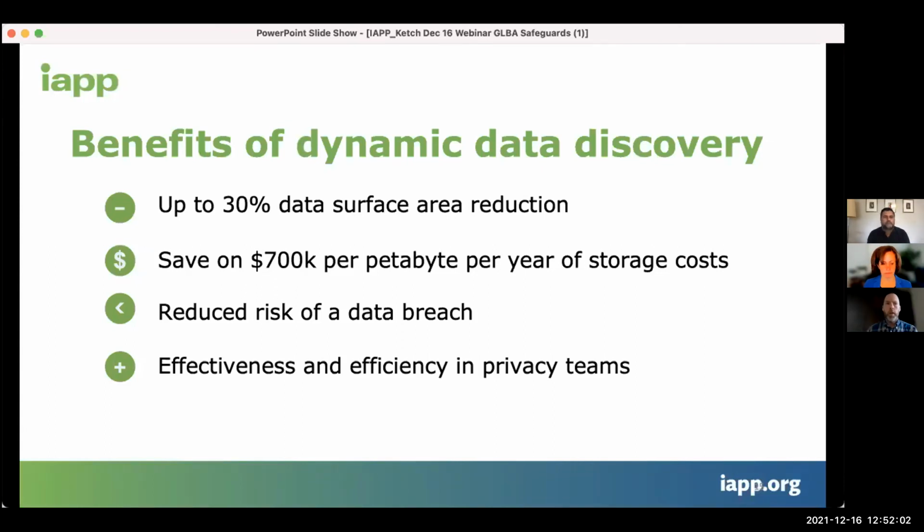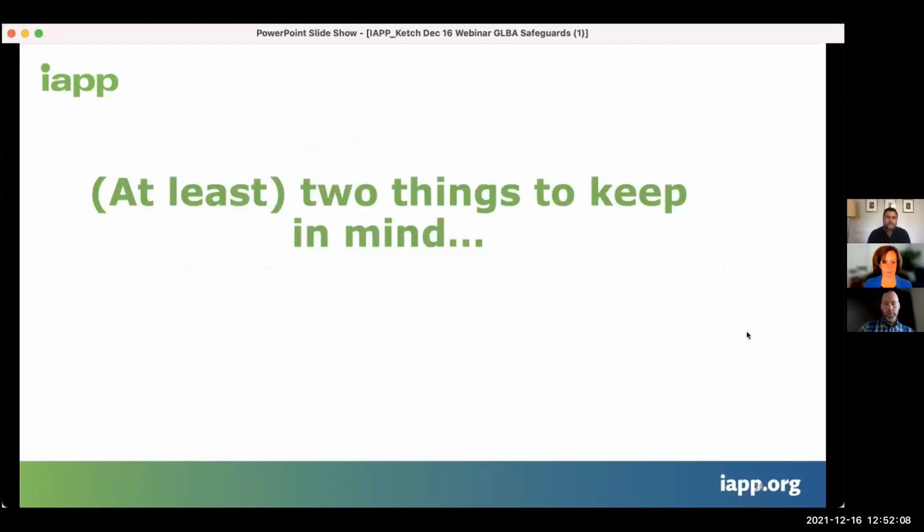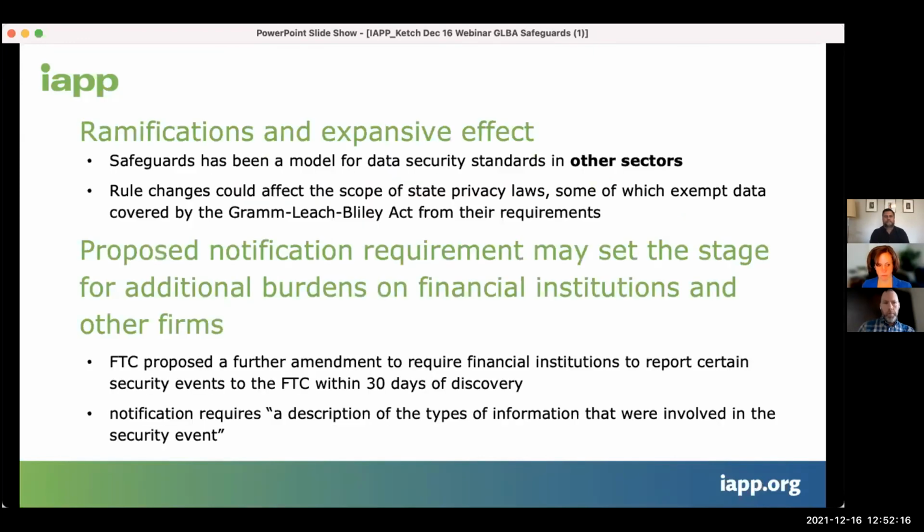Thank you, Laura. With that, let's keep generating questions. We have some time left, but let's go on to the next slide, which is a little bit of a zoom out to 2 things, one of which we talked about a little bit, and one is a little bit more novel. There are going to be ramifications and an expansive effect to this rule.